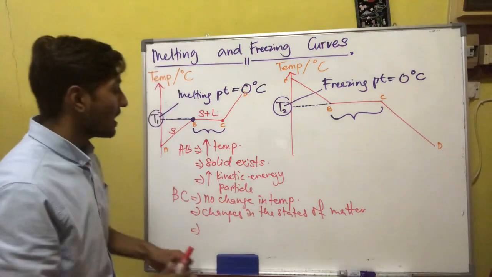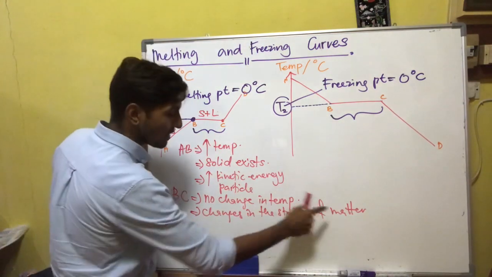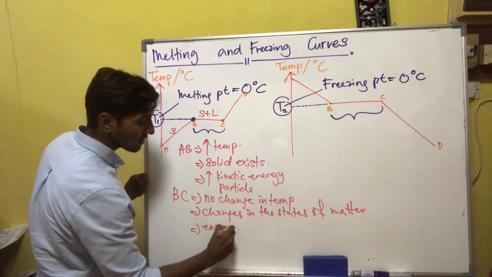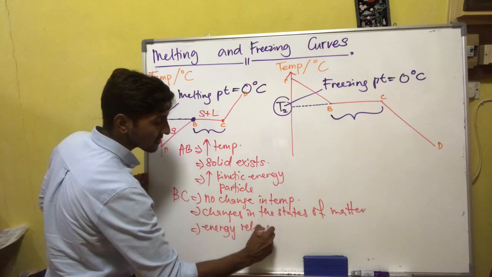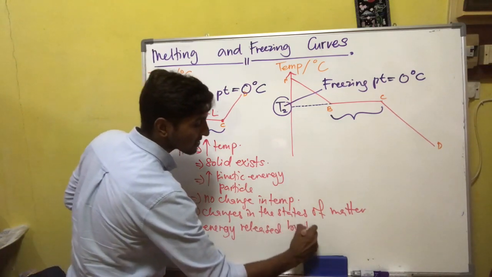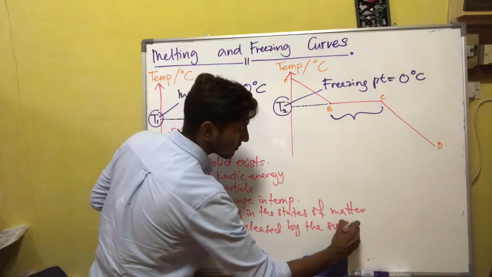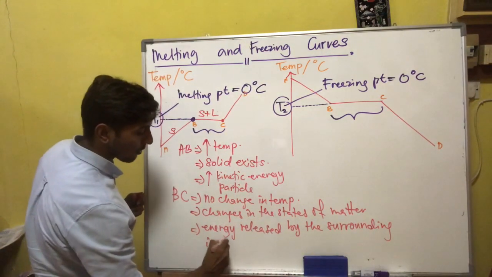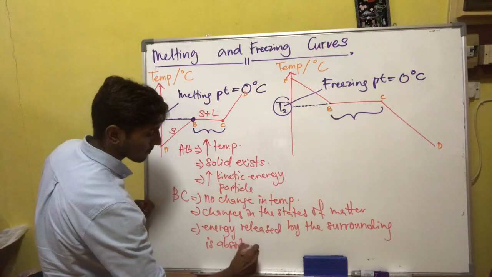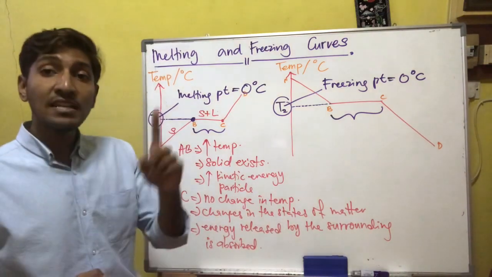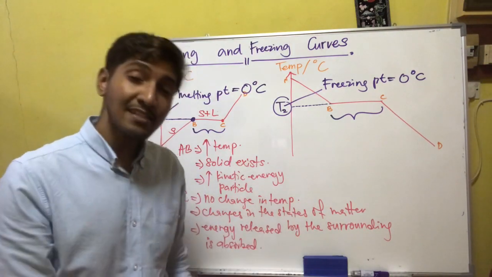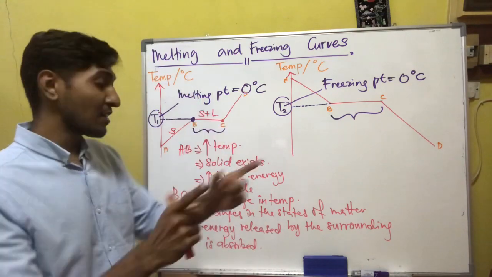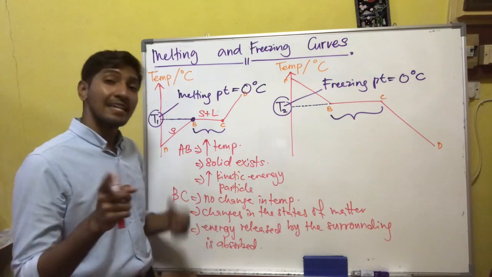Therefore, since there is a change in states of matter, we could say that the energy released by the surrounding, which is the fire, is absorbed by the particles to overcome the force of attraction. Okay, we'll talk more in class.